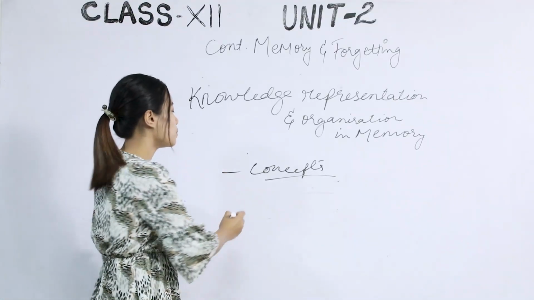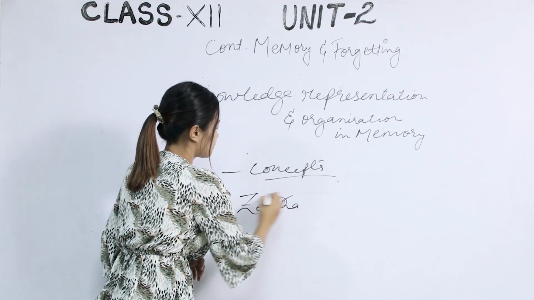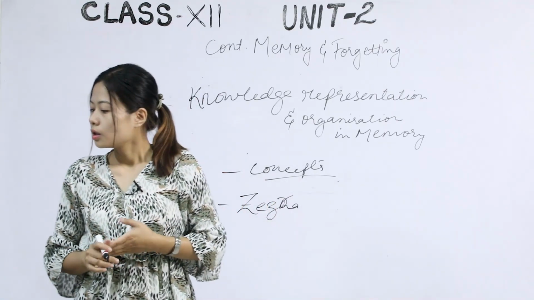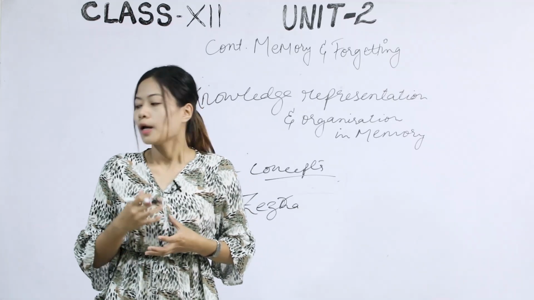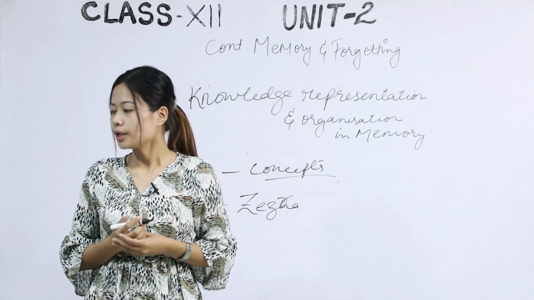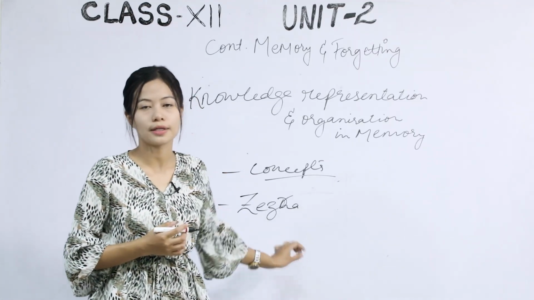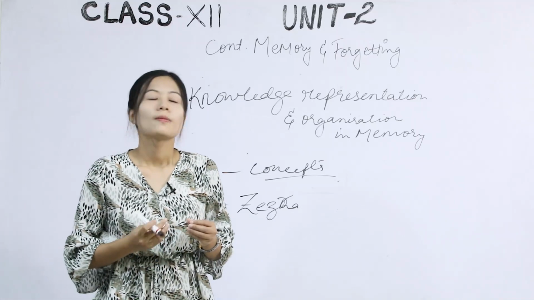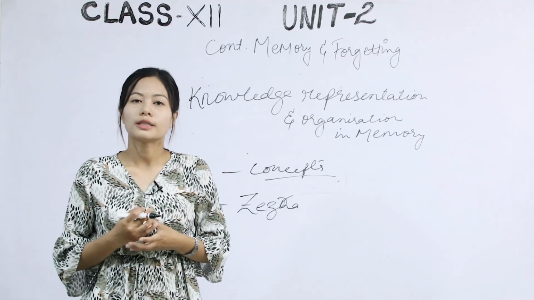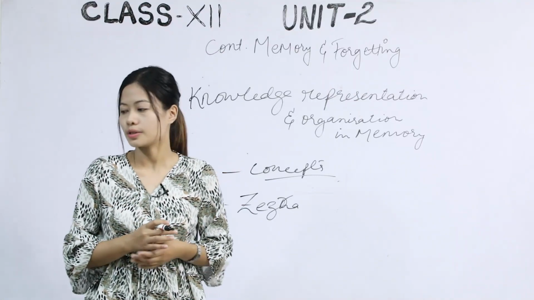For example, when we hear the word zebra, because of our learning experiences stored in our long-term memory, we can understand that zebra is a category of animal. So, once concepts get formed, they are organized in categories.